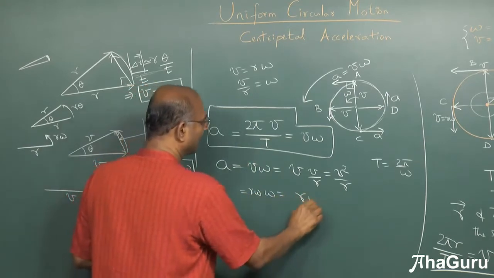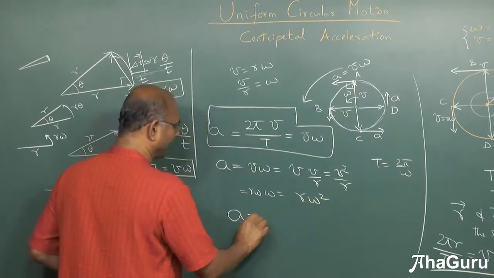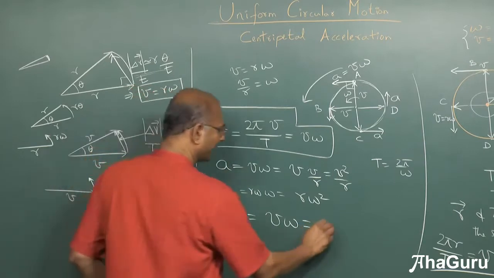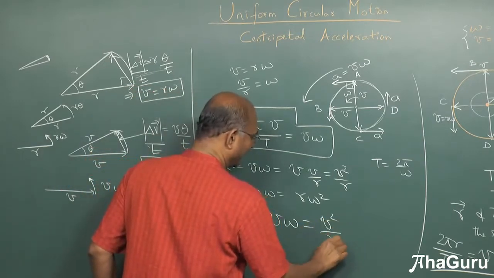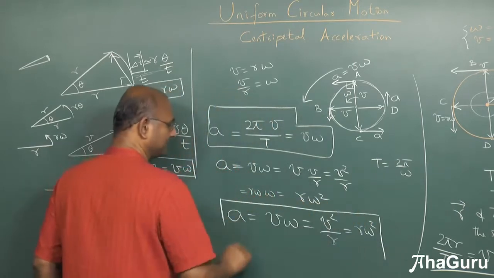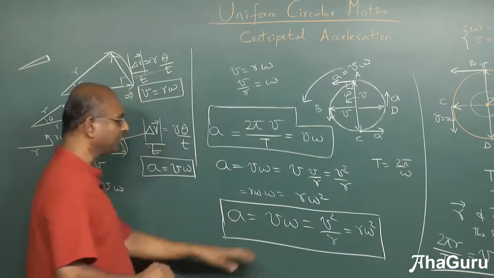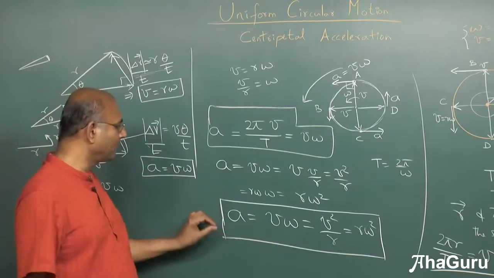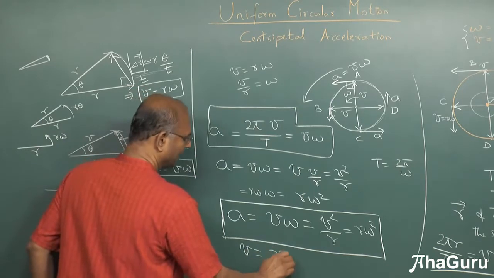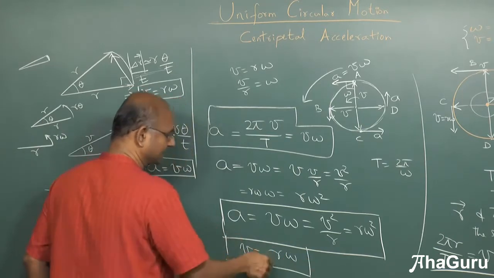And so we get R omega square. So I can write acceleration in three different ways. V omega, V square by R, R omega square. We will use all three forms. Okay. I like this form because it's nice and symmetric. A equals V omega, V equals R omega. It looks exactly like this.